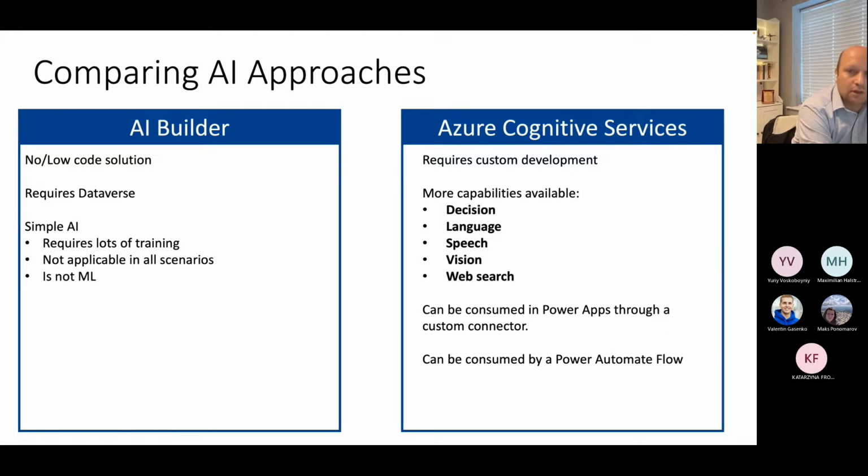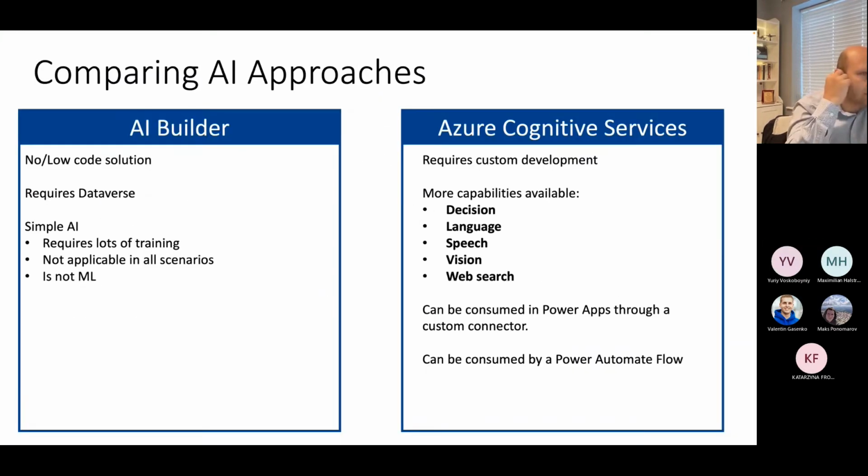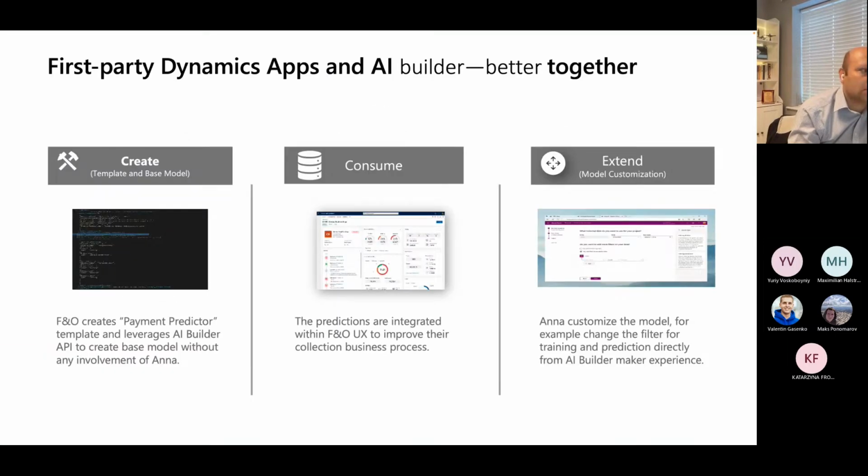On the AI Builder side, it's very simple AI, but on the Azure Cognitive Services side we are able to do much more, because it's a real AI solution. AI Builder is basically easy to use, empowering, and an extendable solution with some basic methodologies.